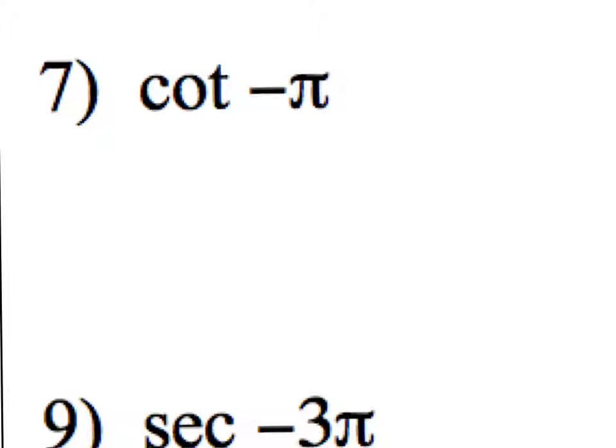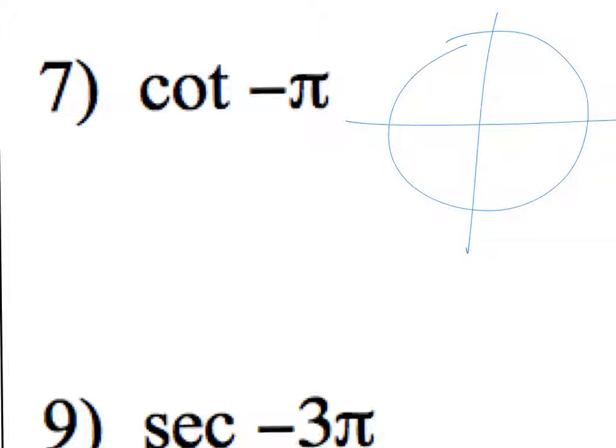Cotangent of negative pi. First thing I'm going to do is to figure out where negative pi is. Going around in the negative direction, pi falls here. I tend to use coordinates for the 0 and 90 angles. And cotangent I know is going to be based on tangent of negative pi, and then take the reciprocal.